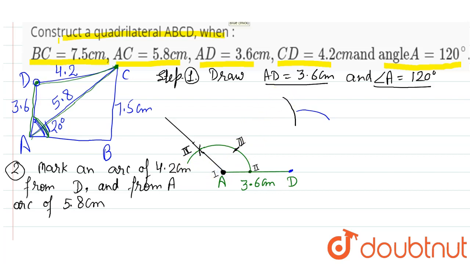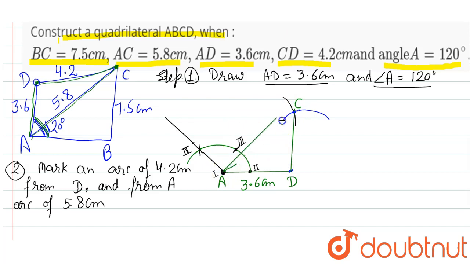So previous arc we can produce and we get the point of intersection. And the point of intersection from D and A is C. From the rough diagram, you can have an idea. Now join this C to D. So in this way we got three sides of the quadrilateral.